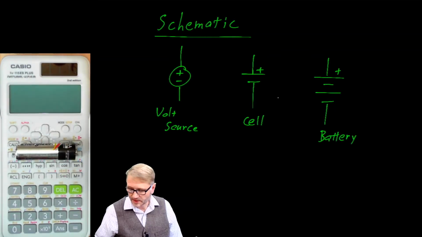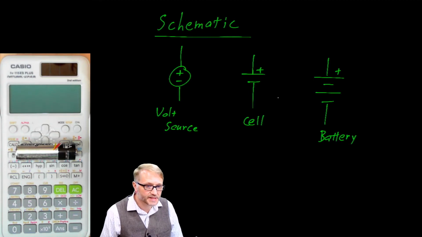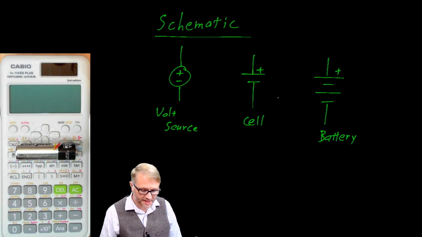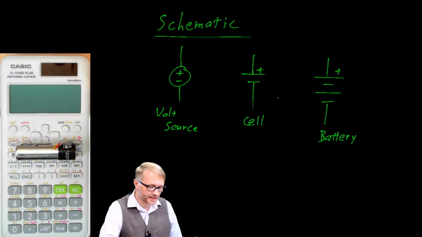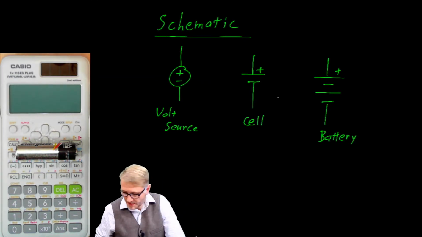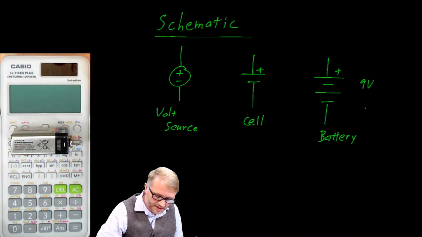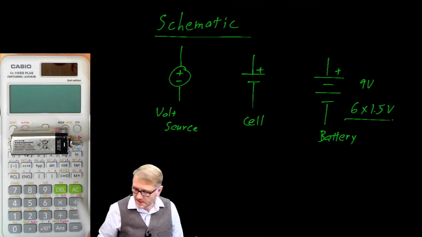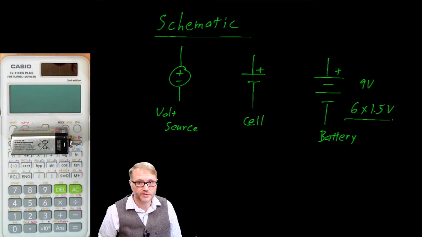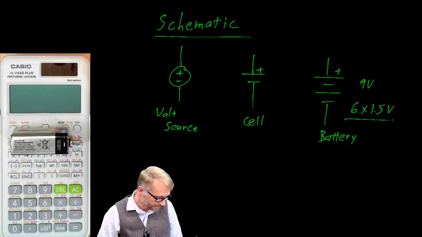This is an example of a cell. Here we have a single 1.5 volt cell. A battery would be composed of multiple cells. This battery, a 9 volt battery, so 9 volts is actually 6 times 1.5 volts. And if you were to take this apart, you would be able to see the individual cells inside that battery.